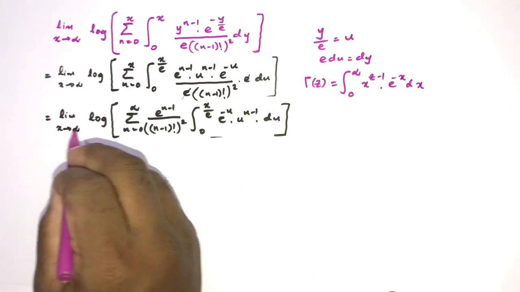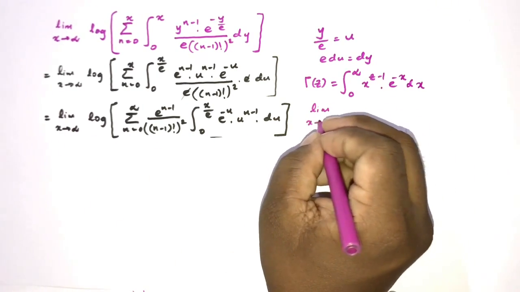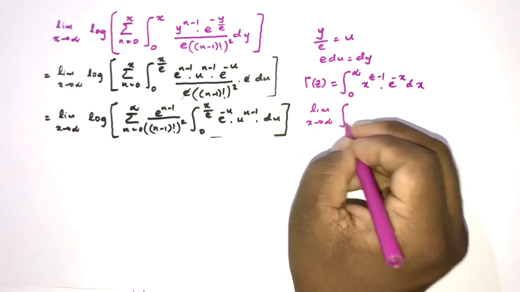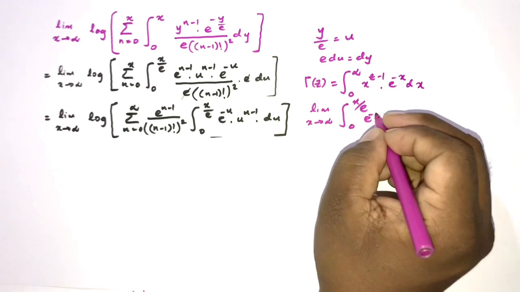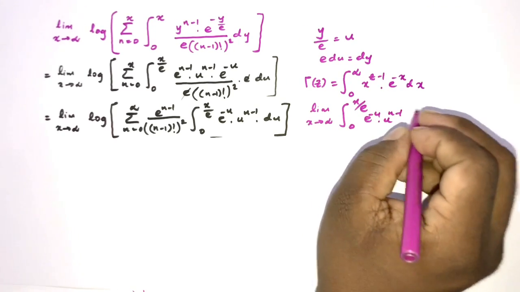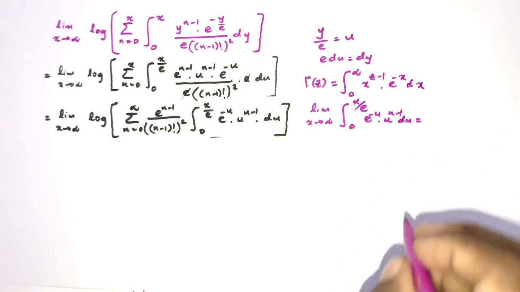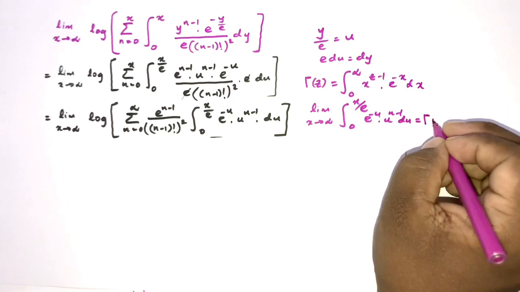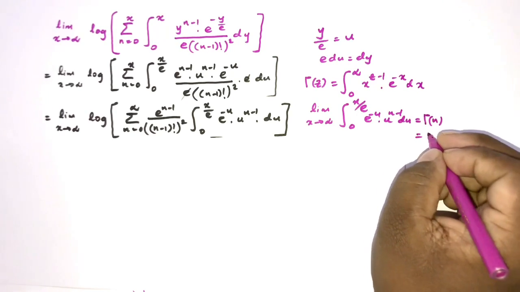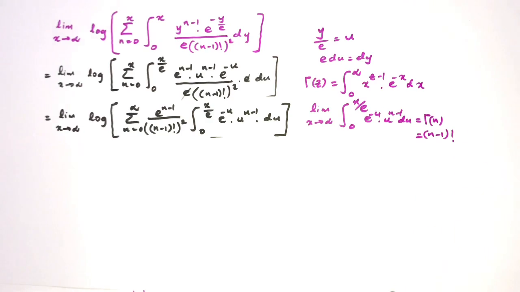Here we have the limit as x approaches infinity of the integral from 0 to x over e of e to the minus u times u to the n minus 1 du. Now this is equal to gamma of n, and gamma of n also equals n minus 1 factorial.